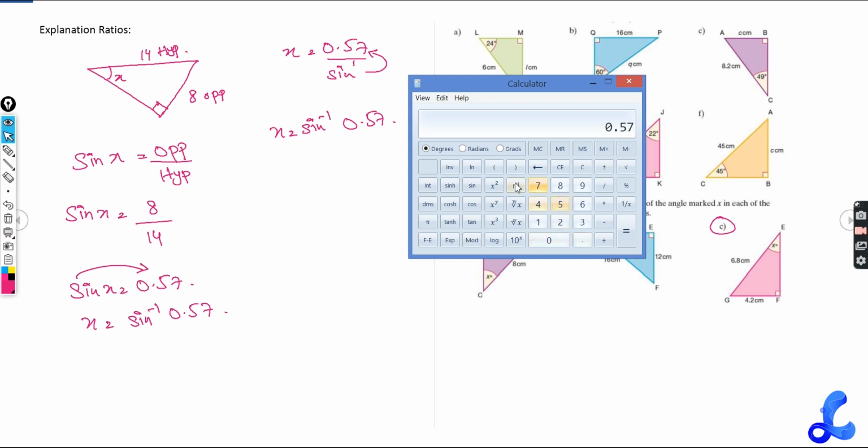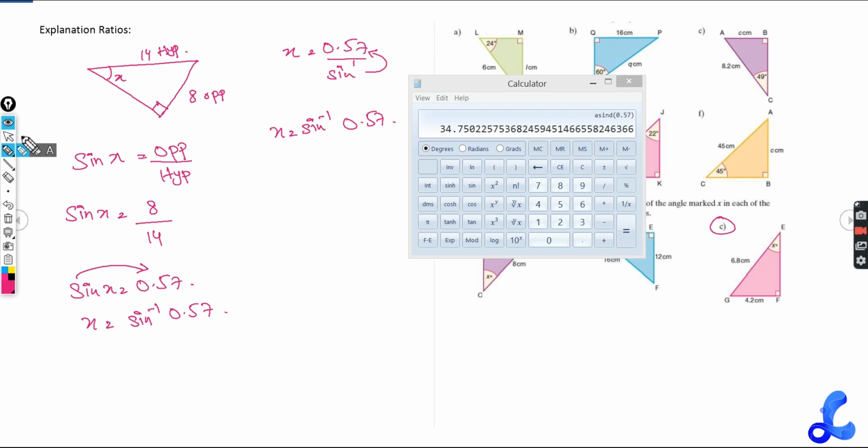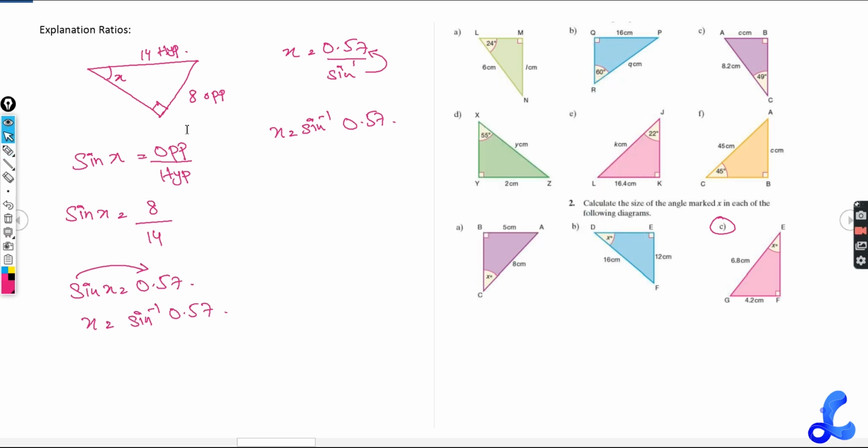So let me write it, 0.57 inverse sine. When I do this, I get 34.75. So 34.75 is my angle, 34.75 degrees.